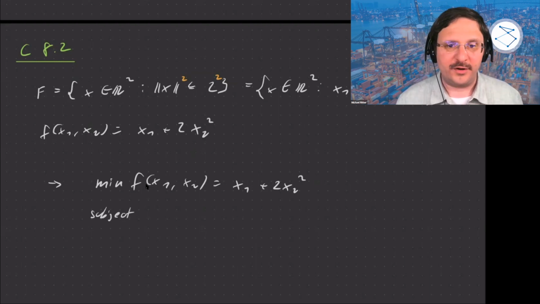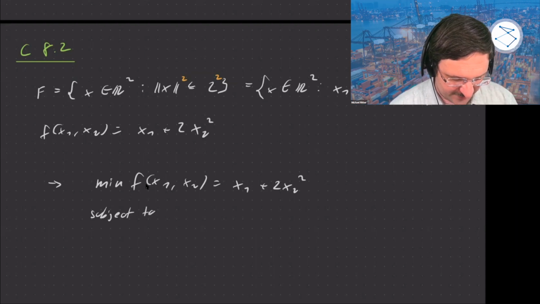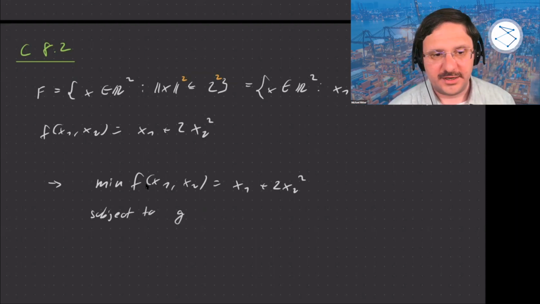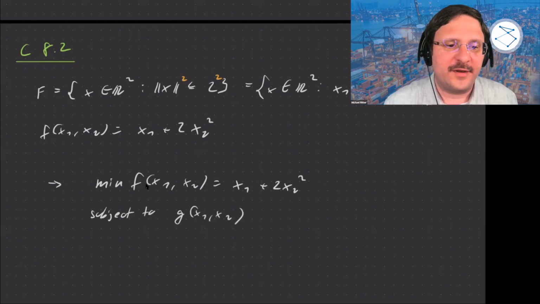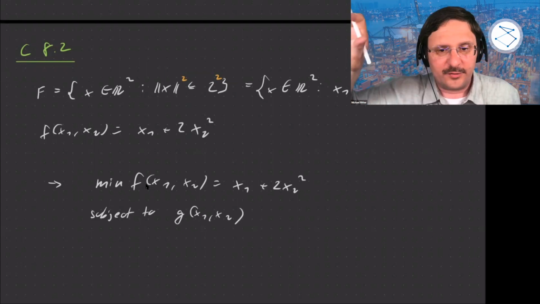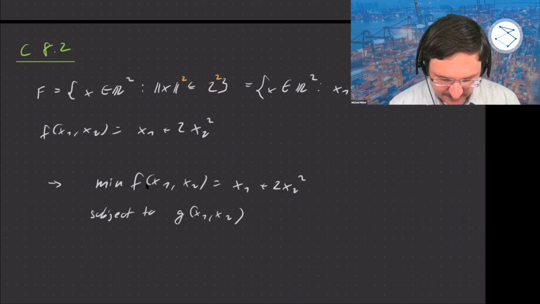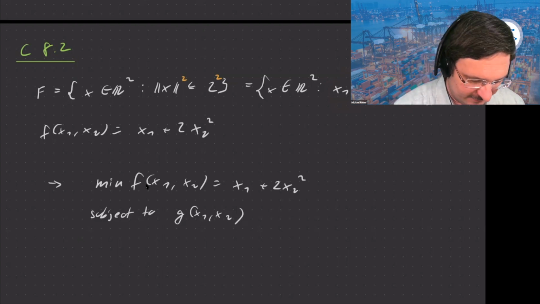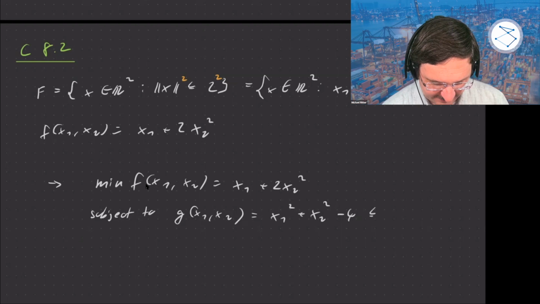We don't have any equality constraints here. And possible inequality constraints, that's what appears here, and we usually call those g of x1, x2. Again, we want to reformulate that so that it's less or equal to 0, so the right-hand side is going to be 0. So we take this condition here, take the 4 to the left, and that's it. Our function g is x1 squared plus x2 squared minus 4, less or equal to 0.